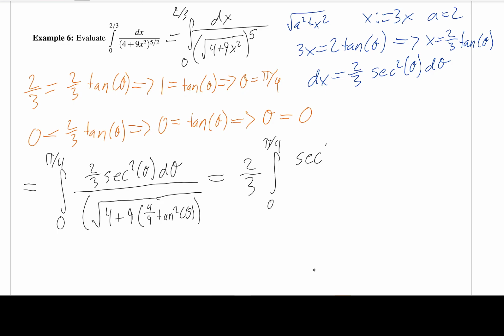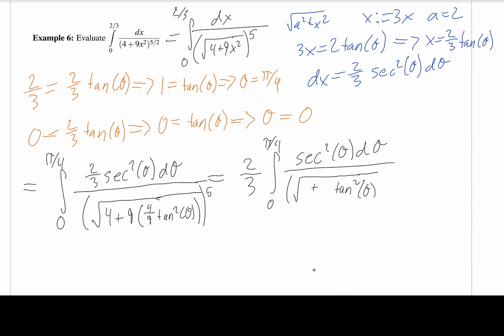I'll have secant squared theta on top, secant squared theta d theta. Oh, and this should have been raised to the 5th power. Okay, and then I should have, let's see, this is going to be 4 plus 4 tan squared theta, because our 9s will cancel down here. So this is 4 tan squared theta, and what I'm going to do is go ahead and pull that 4 out.